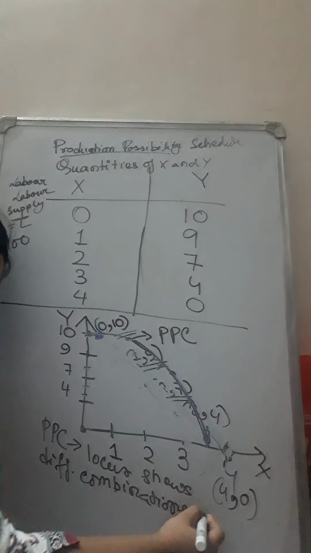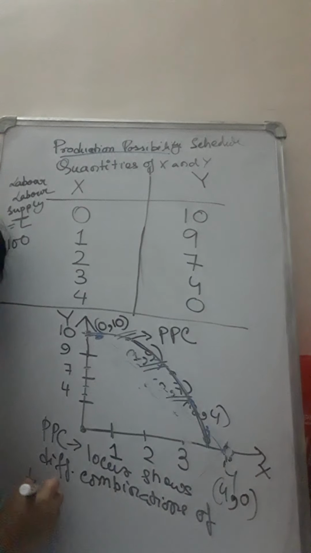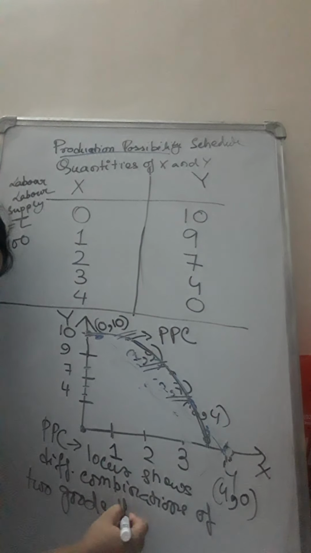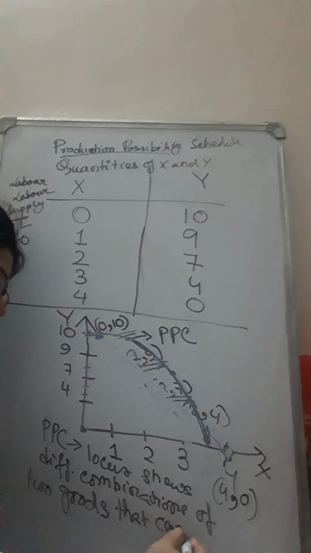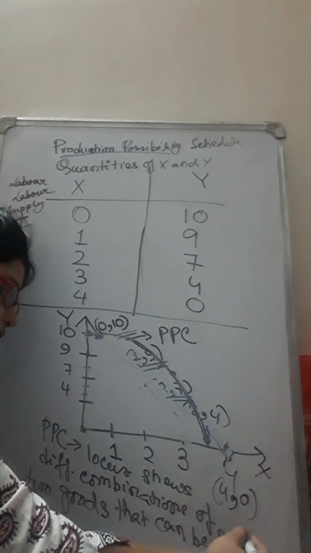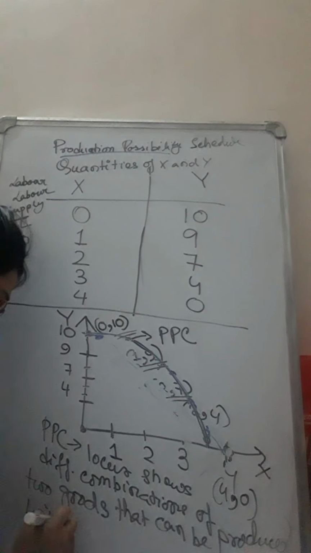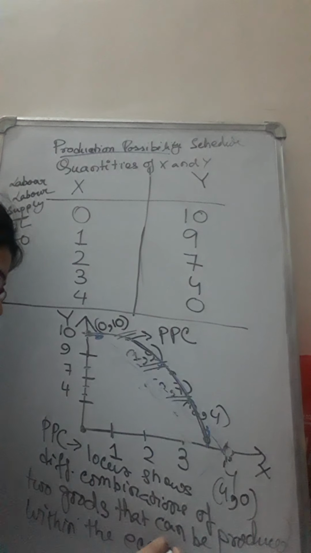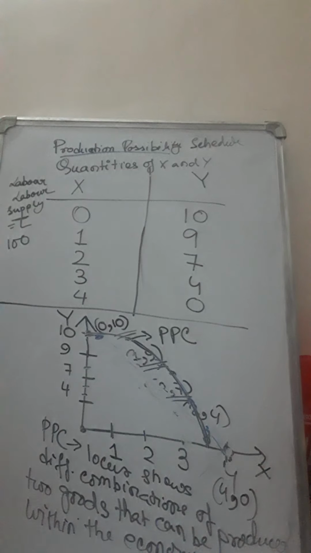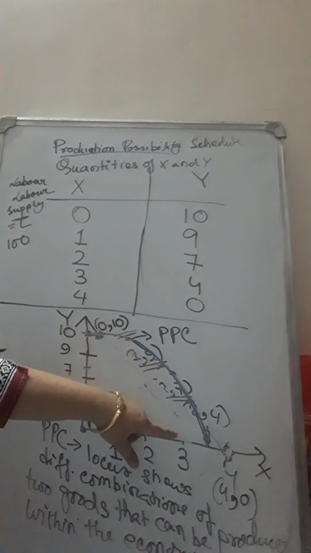So PPC or the locus shows different combinations of two goods, here you have taken X and Y, that can be produced within the economy. So PPC is a locus, or the joining line, showing all the different points.